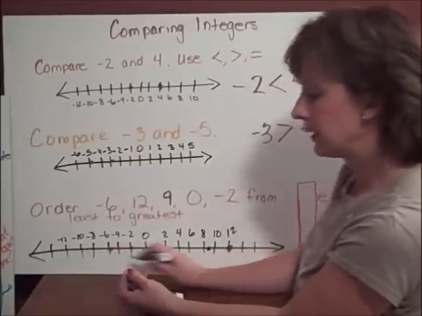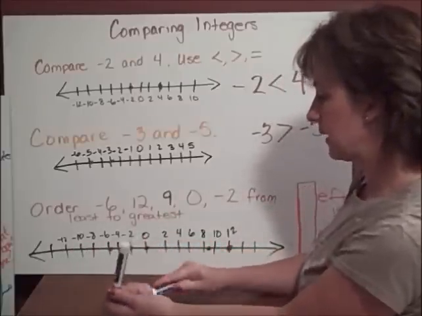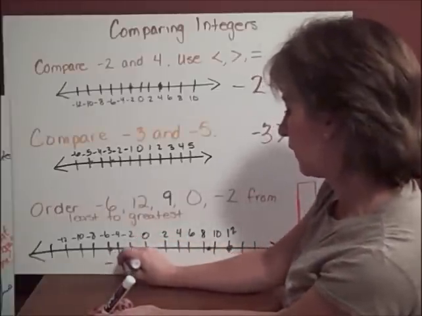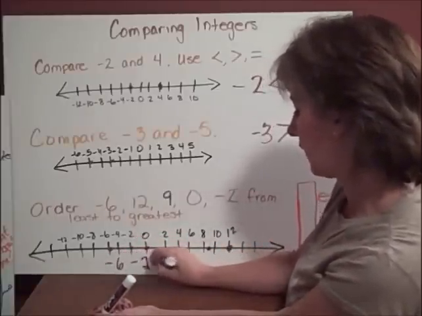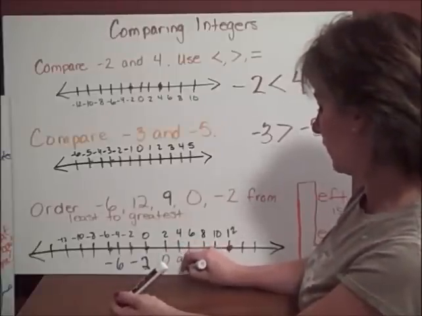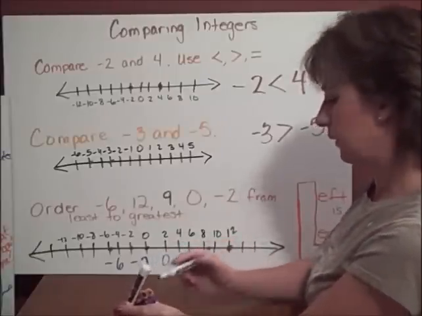And because we've plotted them on our number line, we can now write them in order from smallest to biggest, from least to greatest. -6, -2, 0, 9, and 12.